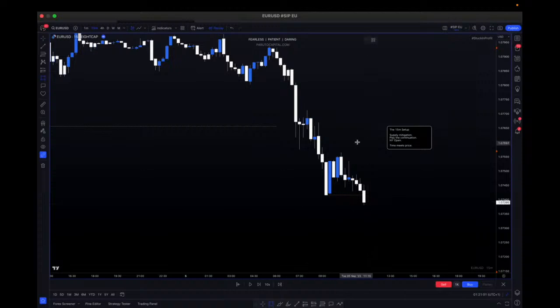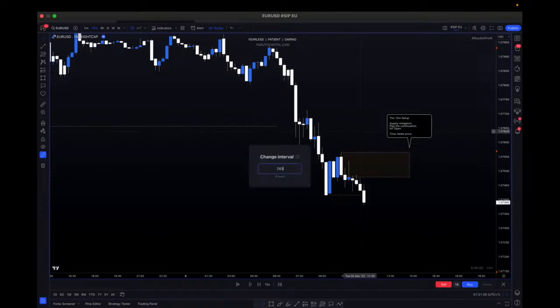We'd expect price to return to this area here, this last candle up, and then when price mitigates this after this break of structure, we can look for an entry. That was essentially the trade setup. Of course, this was not to form in the London session, but in the New York session. So we took a loss because the swing trade was invalidated. Perfect. But now in the New York session, we had an opportunity for an entry.